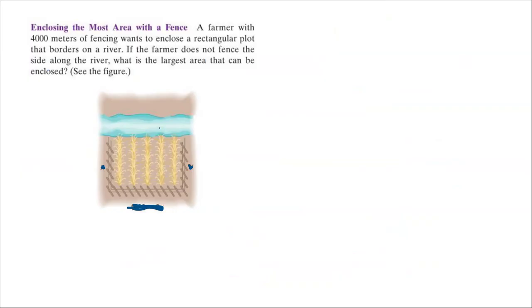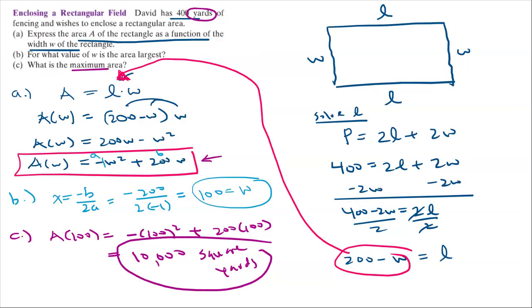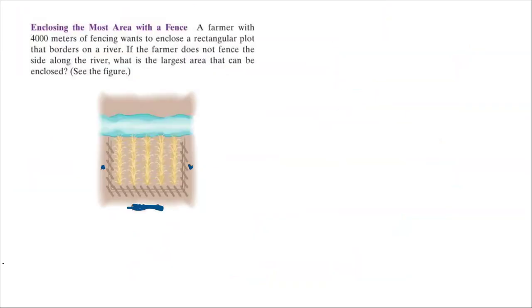So if I were to label this, following what we had last time, my L will be the bottom here, and then this will be my W. So if this is W, then this is also W. In this case, the perimeter is equal to 2W plus L. Now, do we know the perimeter?